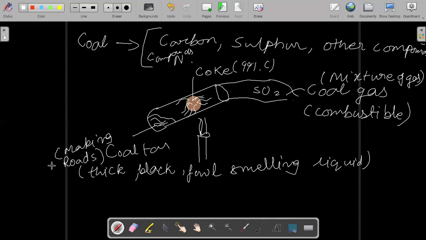So when we heat it, we get coal gas, we get coal tar separately, and coke also. Coal tar is used for the metalling of roads or making of roads. Nowadays coal gas doesn't find much use. In olden times, coal gas was used in street lights.